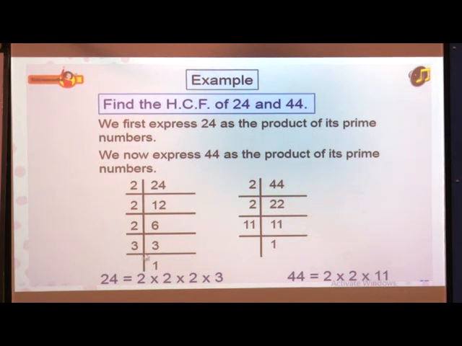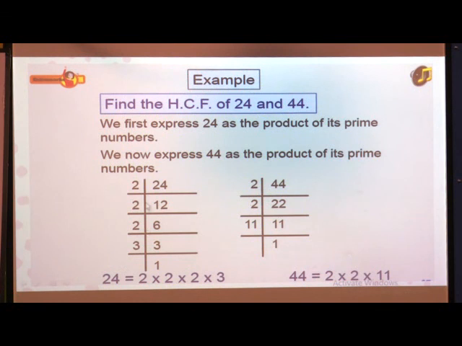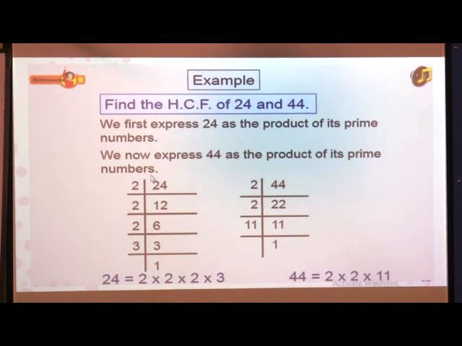See students, we have taken only prime numbers here. So, we express this as a product of prime numbers in the way 2 into 2 into 2 into 3. Where did we get this from? We got this from here.